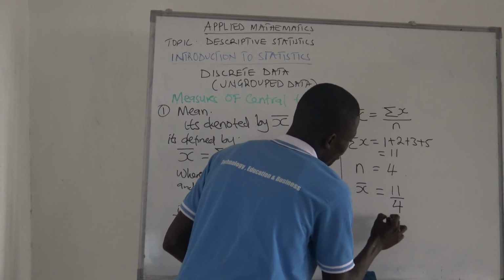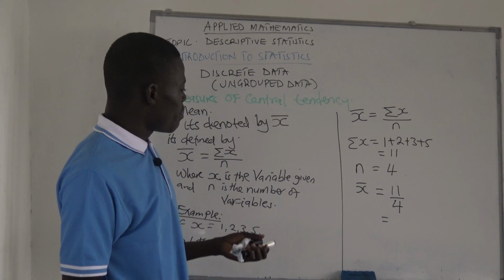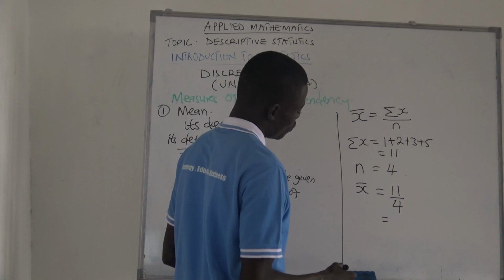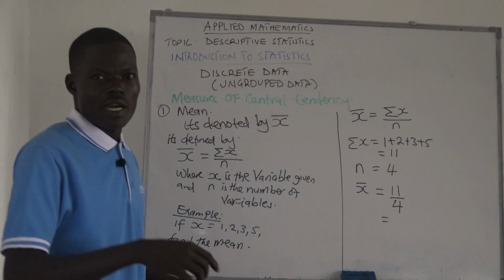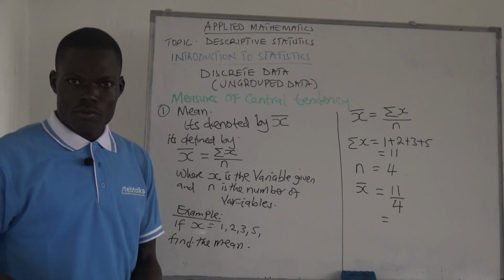What do you get? 11 divided by 4. Let me use my calculator to be sure.